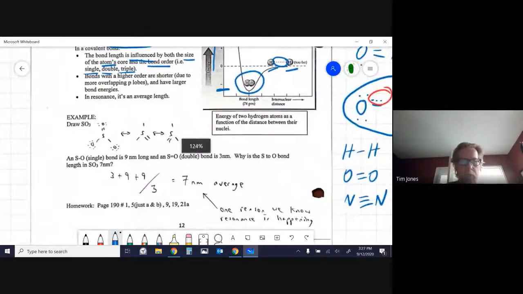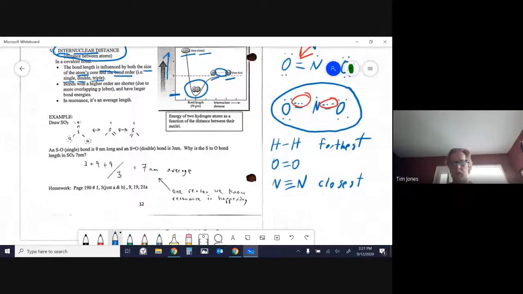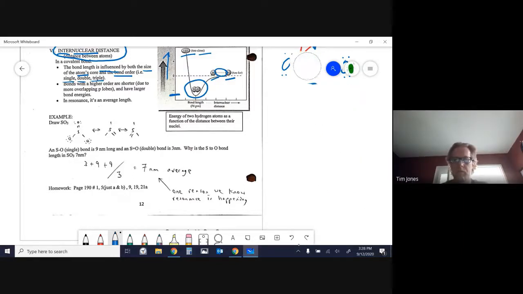All right, I have an example here with sulfur trioxide. And it's a pretty common example that you'll see when doing problems. Sulfur trioxide and sulfur dioxide is a really common example of resonance. Just clearing up my board here.